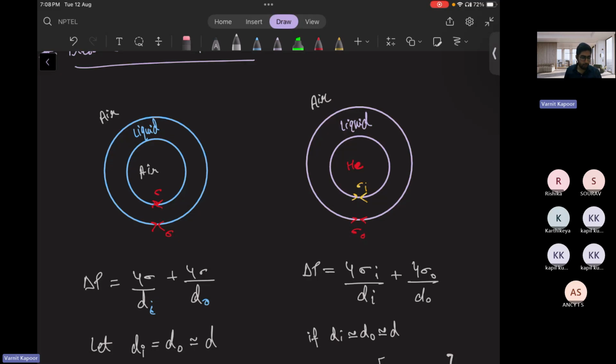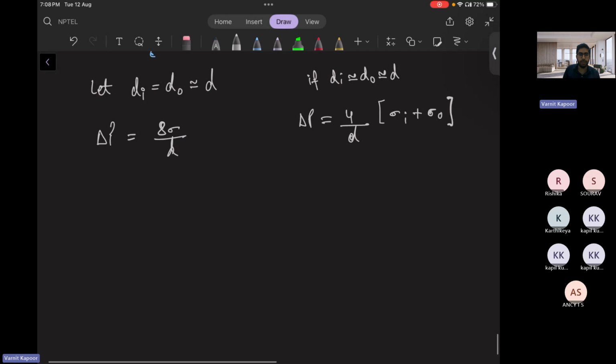Now let's see the third scenario, that is pressure inside a liquid jet. We have seen pressure inside the air bubble or liquid droplet, and pressure inside the soap bubble. Now we'll see pressure inside a liquid jet.